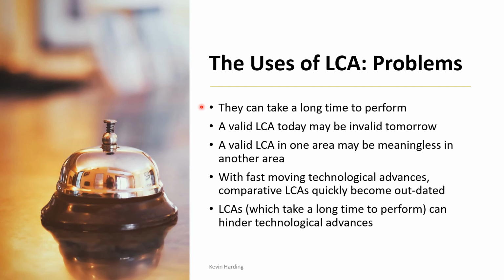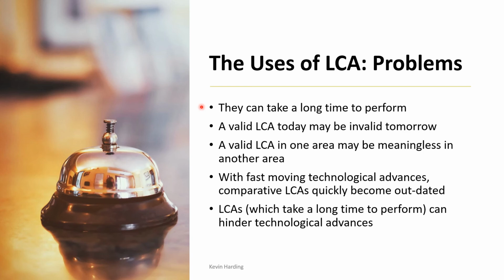Some of the data in these LCAs is corporate or sensitive data, and companies won't give us that data. So the way around that is to just estimate it. I can estimate anything in 5 seconds and just thumbsuck something, and I can get an LCA out in 20 minutes. But what's the reliability of an LCA that comes out in 20 minutes versus one that takes 2 years to do?